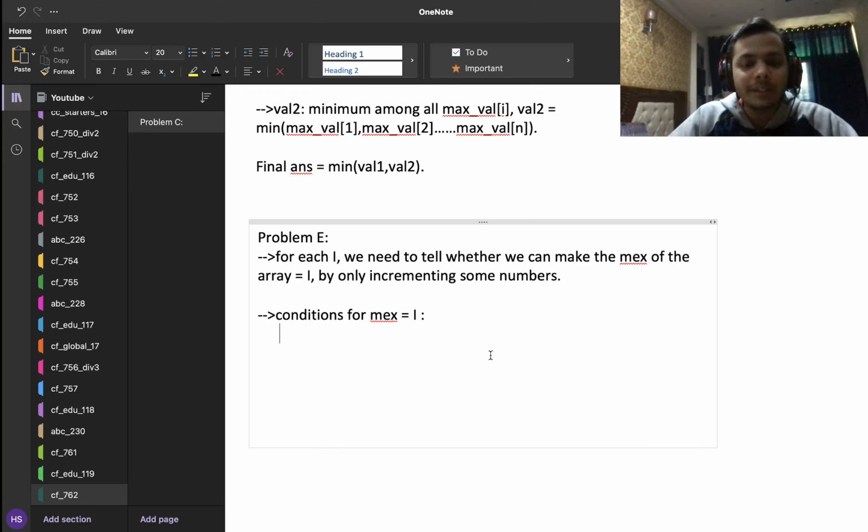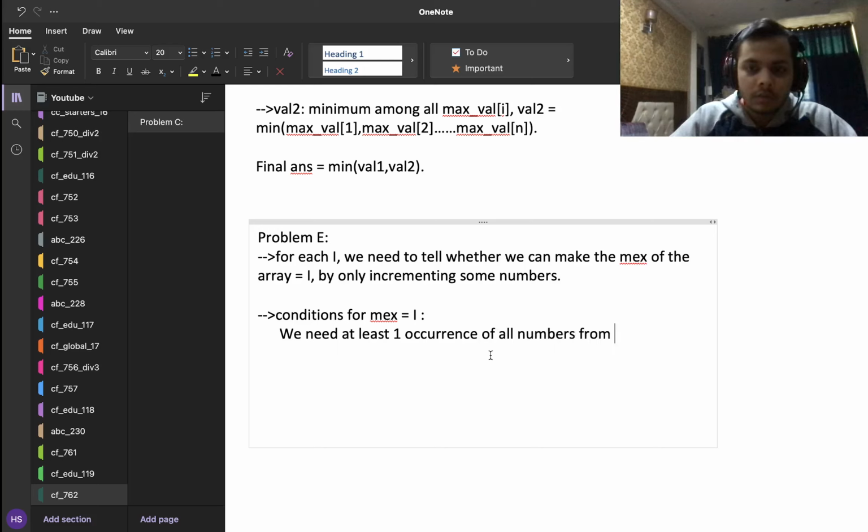If we are making max equal to I, we need at least one occurrence of all numbers from 0, 1, 2 up till I minus 1. So this is the first condition.